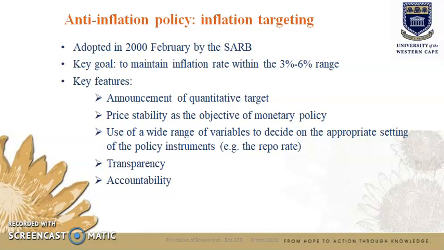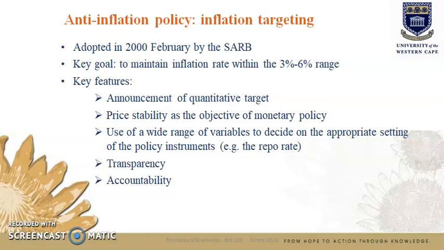Firstly, the announcement of a quantitative target. That is, the Reserve Bank has to make a decision of whether they should use a point or a range, which index they are going to use to target, or over which time frame they are going to achieve their target.